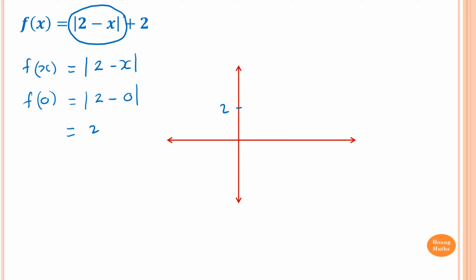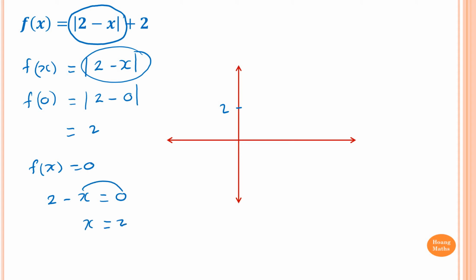And then when f(x) is equal to 0, we just look at this graph but ignore the absolute value sign. So 2 minus x equals 0. Move it to this side, so x is 2, or 2 equals x, same thing. So 2 here. So the graph is like this, if you think about it.